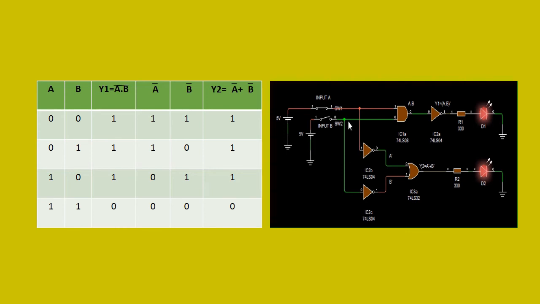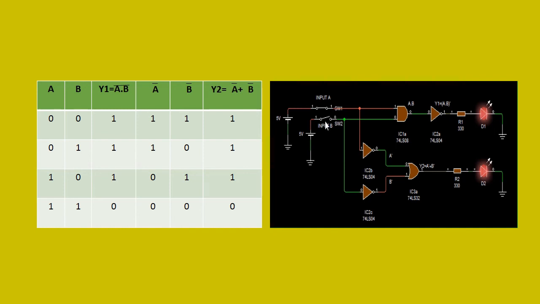Input B is 0, so here we connected with the 0 terminal, and here we get 1. Now 0 and 1 is connected with this OR input, so from the OR output we get 1, so D2 diode will also glow. So the third row of the truth table has been verified.